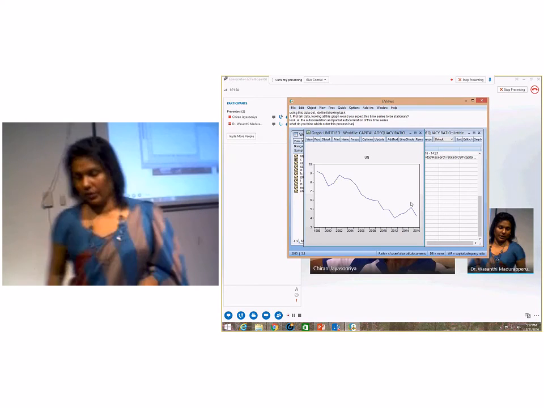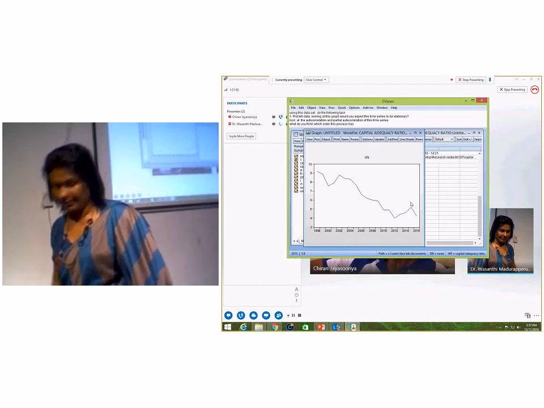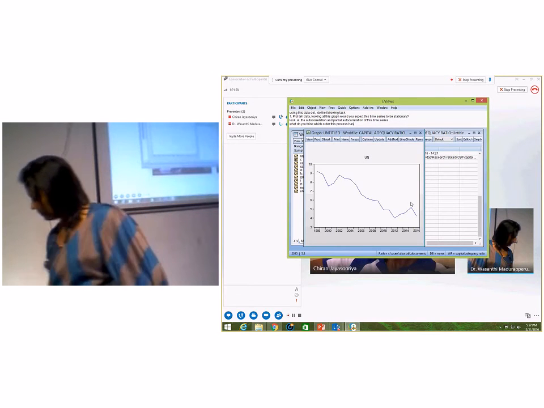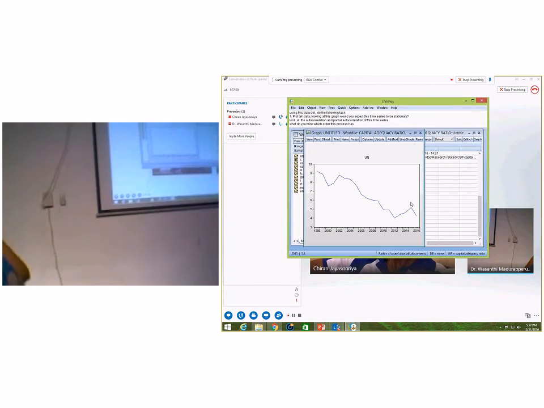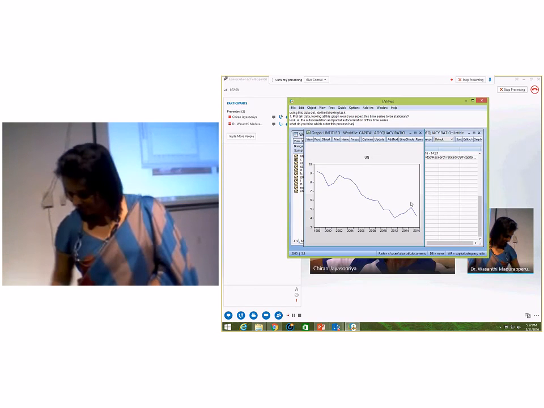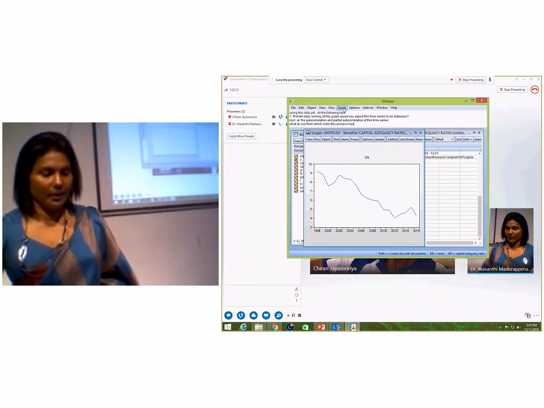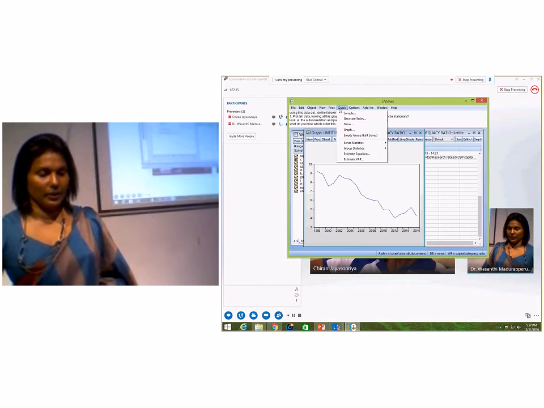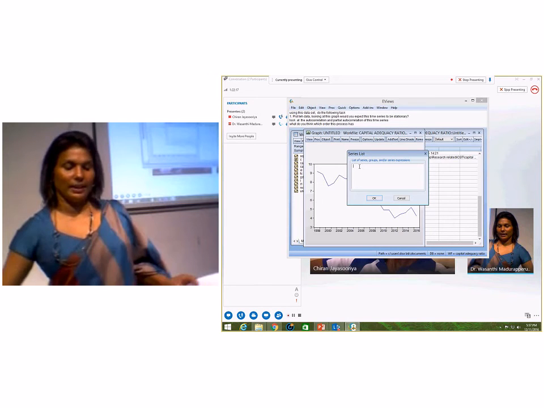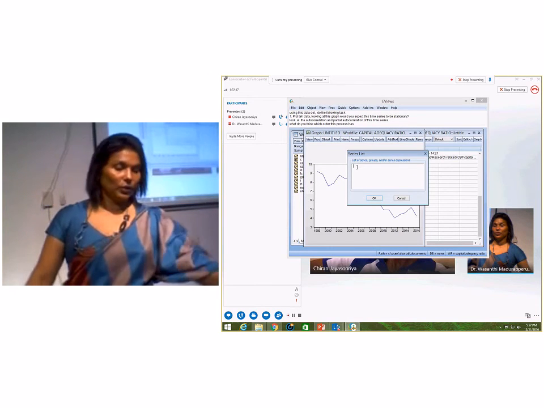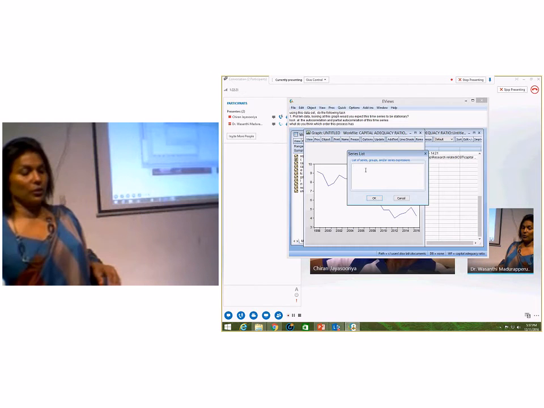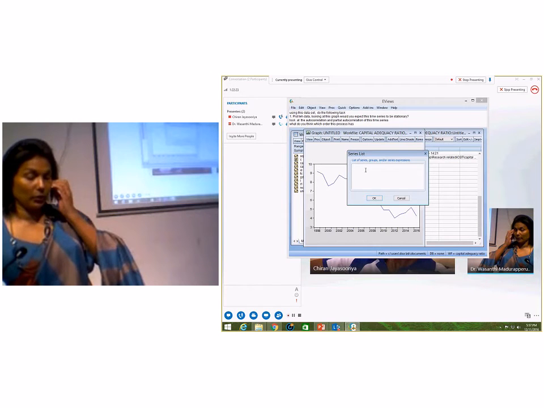Then what you need to do is, right, draw the graph for each variable separately. So what are the variables you want to give? What are the variables you need to give?